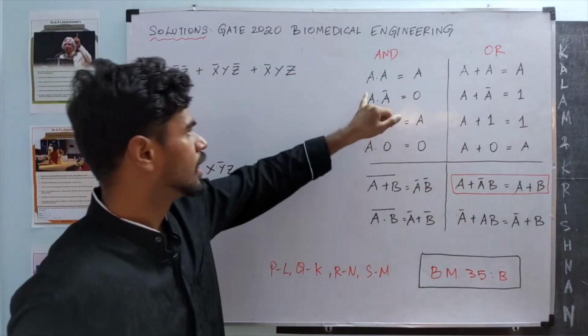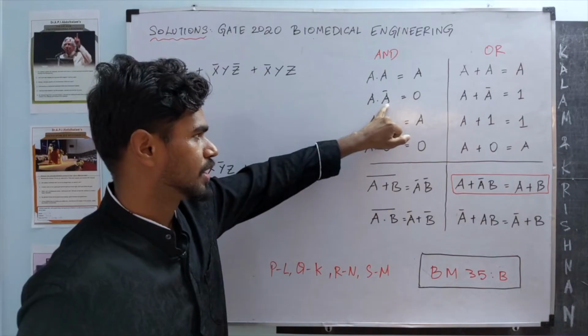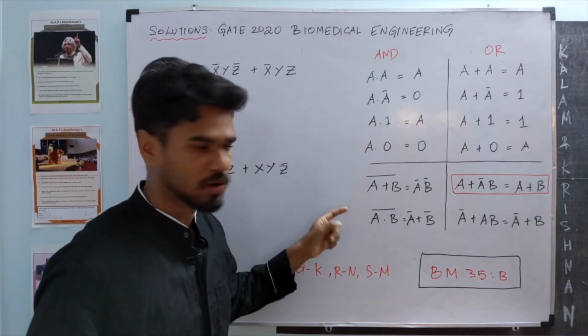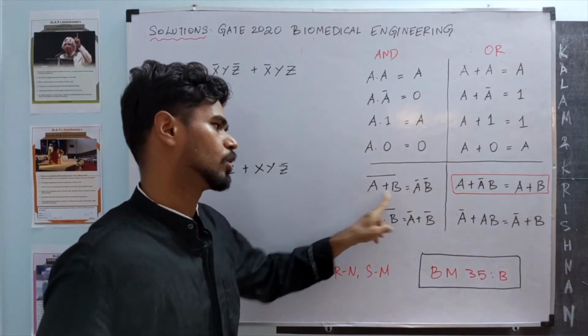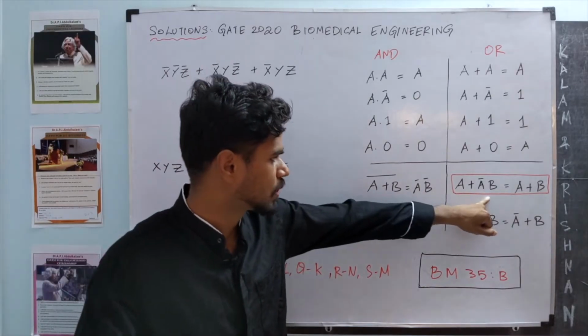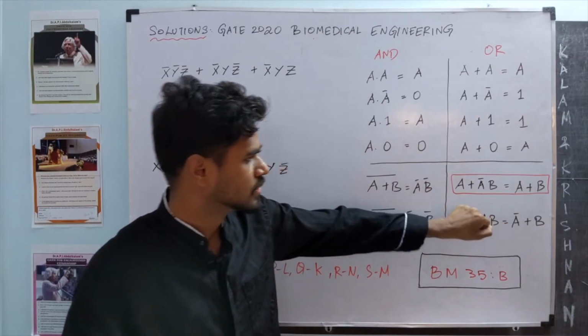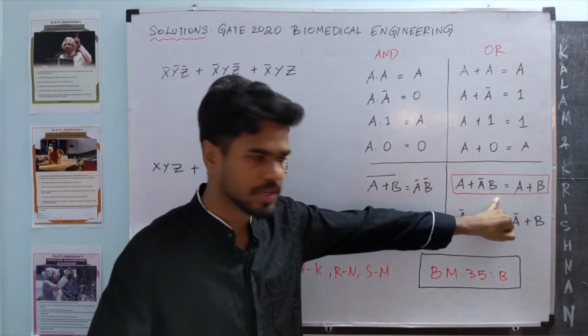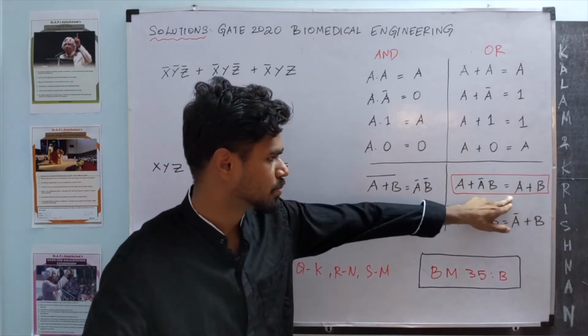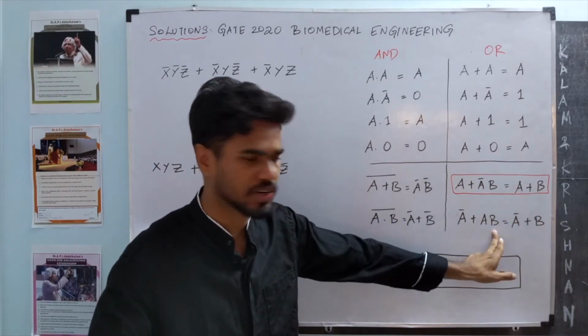For example, A and not A is 0. Then there are a couple from De Morgan's law: not of A or B is not A and not B. The most important one over here is called the absorption law: A or not A B is A or B. This is one of the most important laws and its corollary is also written over here.